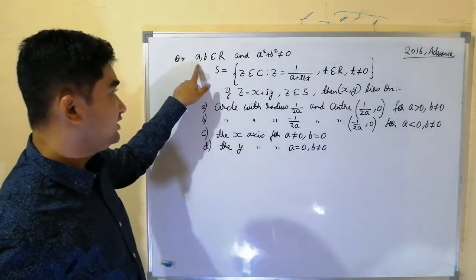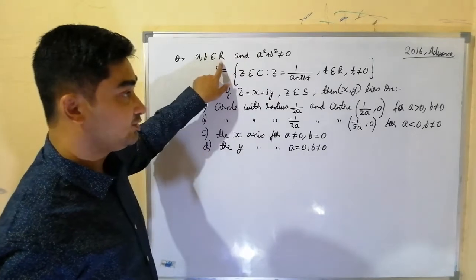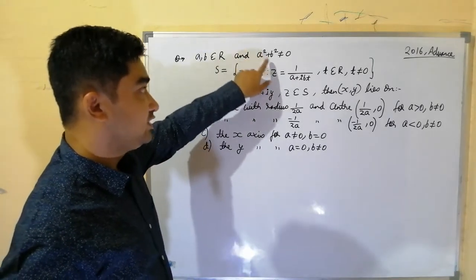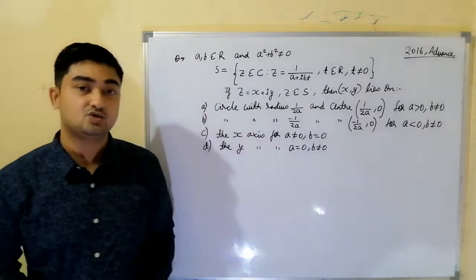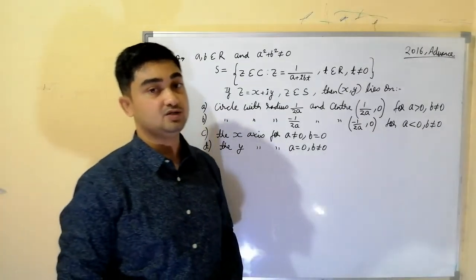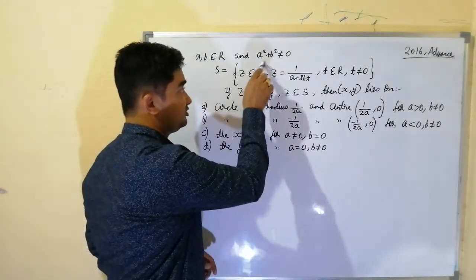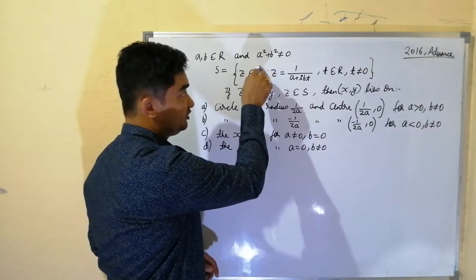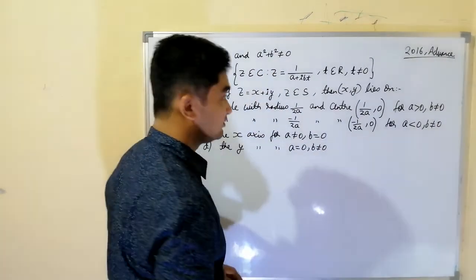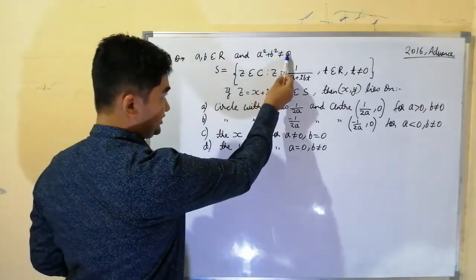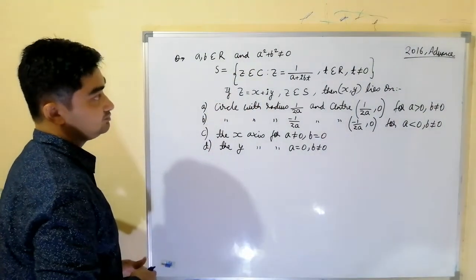It is also given that a and b belong to R, real numbers, and that a square plus b square is not equal to 0. That means both cannot be 0 together. Individually they can be 0: if a is 0, then b cannot be 0; if b is 0, then a cannot be 0, because their square sum is not 0, which can happen only when both are 0 together.